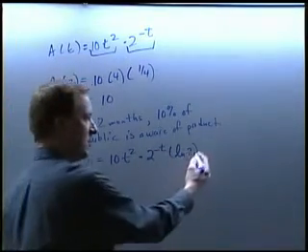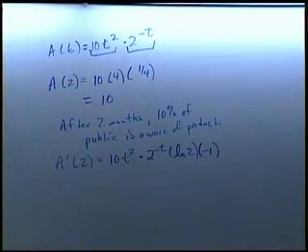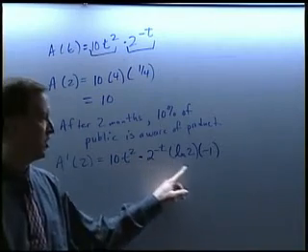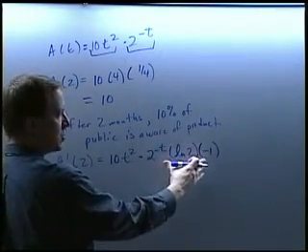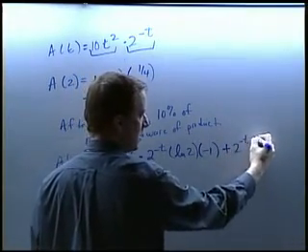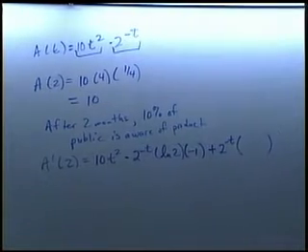Negative 1. So I have to multiply here by the chain rule, which tells me multiply by negative 1. Since this wasn't just a t, since it was something else, it also has a derivative, so I have to multiply by it as well. Okay? All right, so that's the first times the derivative of the second, okay, plus the second, 2 to the negative t, times what's the derivative of the first?